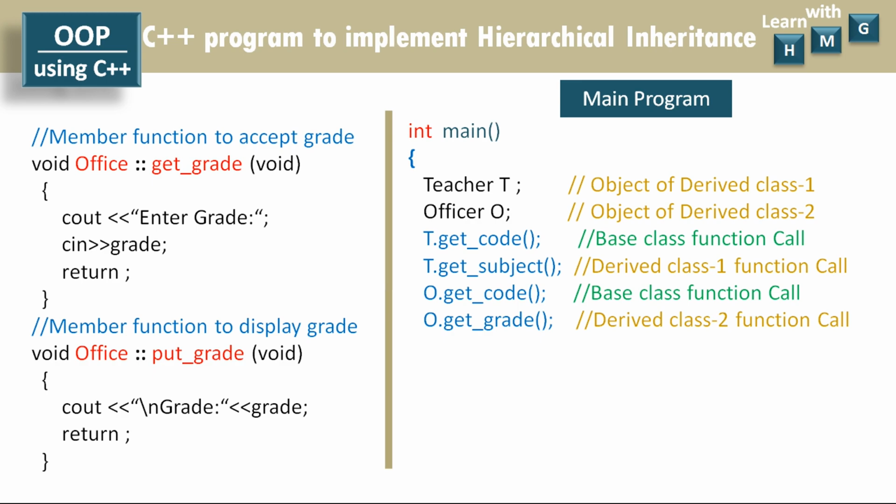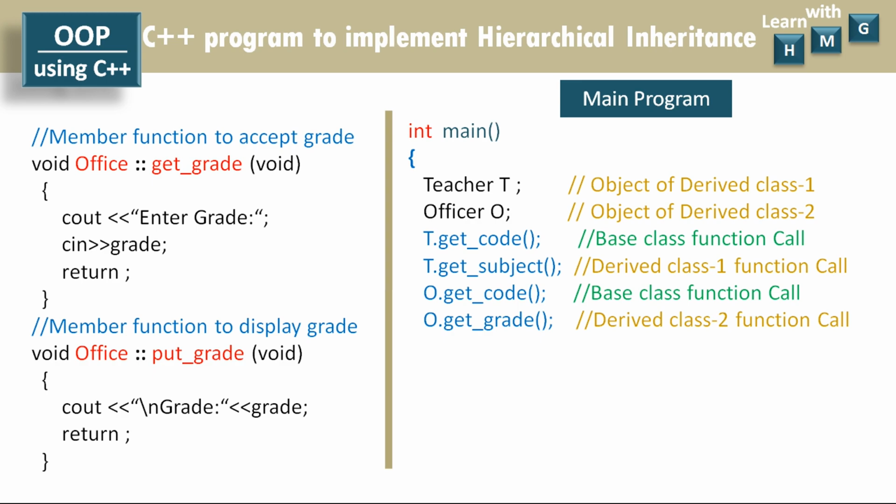Like this, t.getCode will accept the staff code of the teacher, t.getSubject will accept the subject taught by the teacher, o.getCode will accept the staff code of the officer, and o.getGrade will accept the grade of the officer. So this input operation is performed using these 4 function calls for 2 objects.